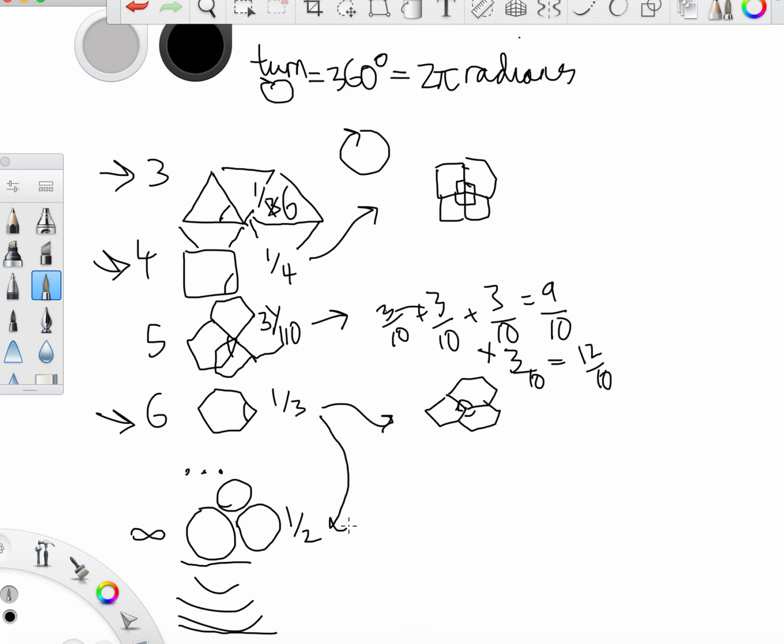Basically, we can't use any number in between 3 and 2 as the denominator of our turn, where our numerator is 1.